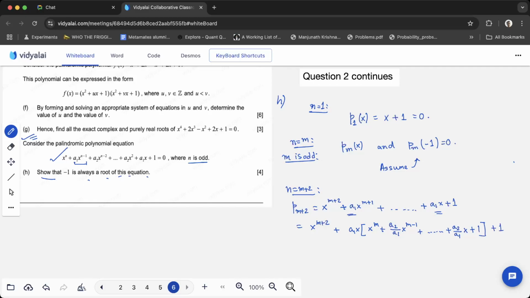And the last plus 1. So if we take a1x as a common factor, we do get a polynomial of degree m, where m is odd, and it is indeed a palindromic polynomial.